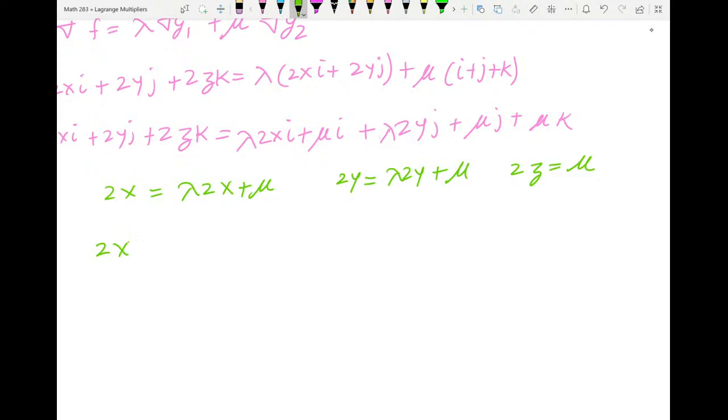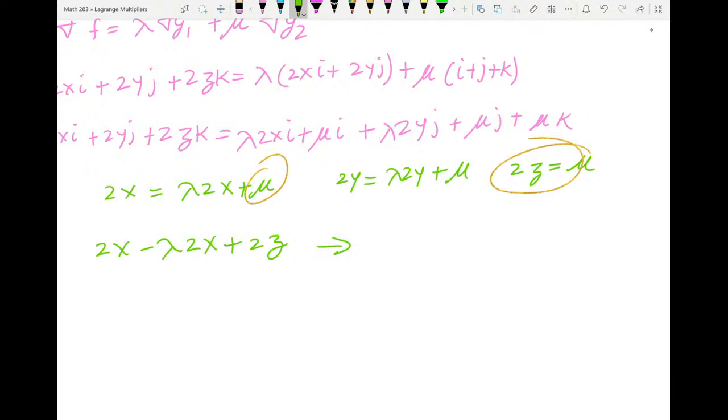Two x minus 2 lambda x plus 2z. That's what I'm doing.